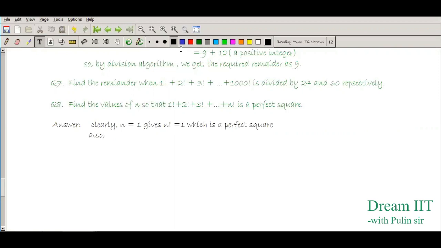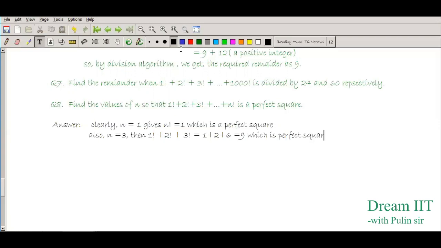2 factorial does not give a perfect square, so let us take n equal to 3, right? Then what will I get? 1 factorial plus 2 factorial plus 3 factorial, that is equal to 1 plus 2 plus 6 equal to 9, which is a perfect square, right?